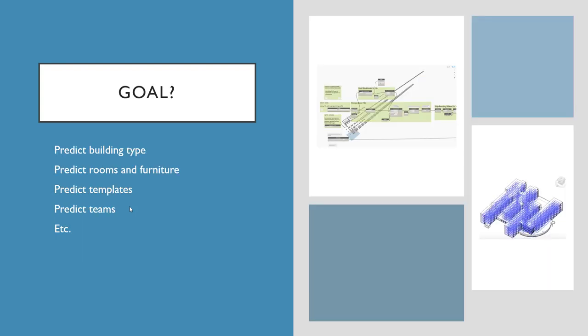So goal, predict building type, predict rooms and furniture, predict templates, predict teams, and so on, pretty much. I mean, the idea is that this will grow into a variety of different things, but to start off as simple as possible, having those models, and if you've been working with Revit for some time, then you have a history of databases that you can work with.